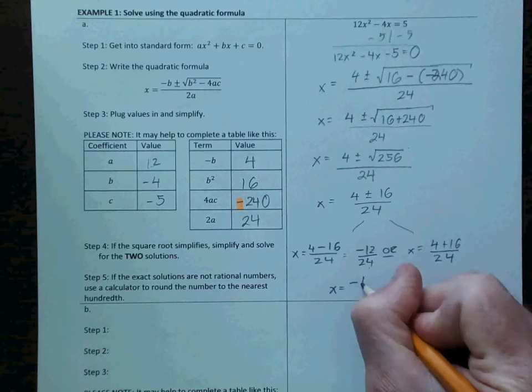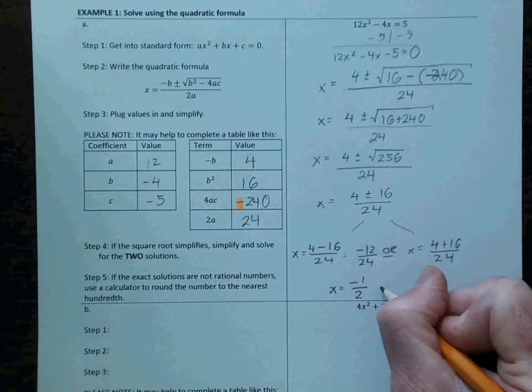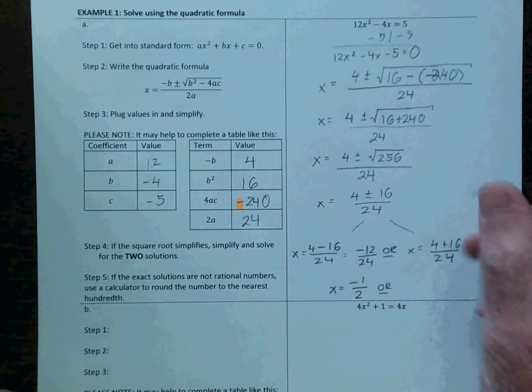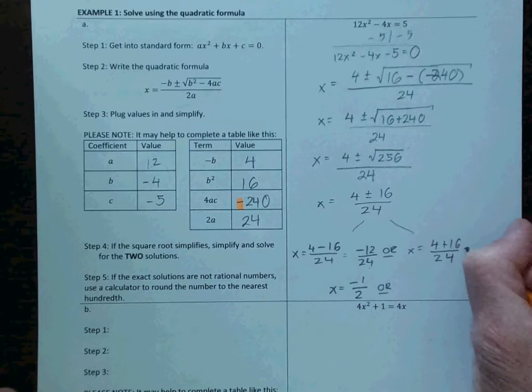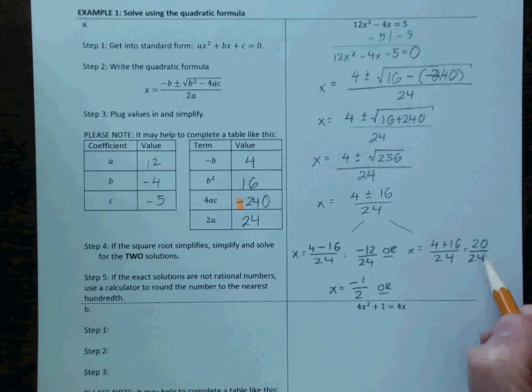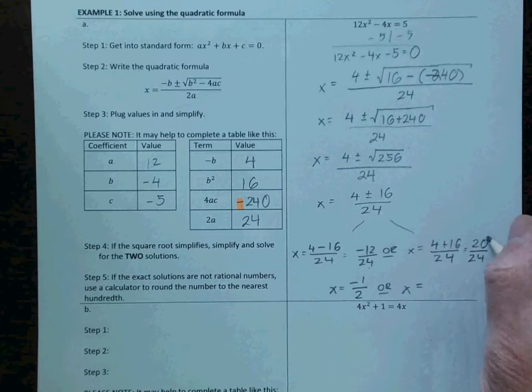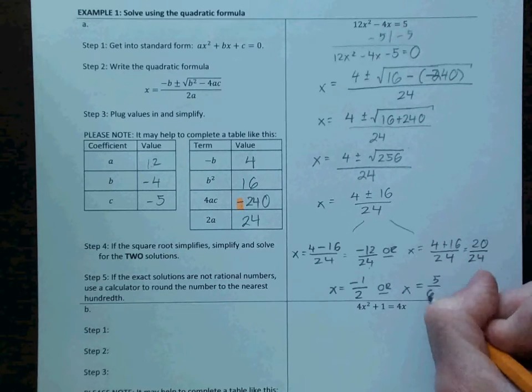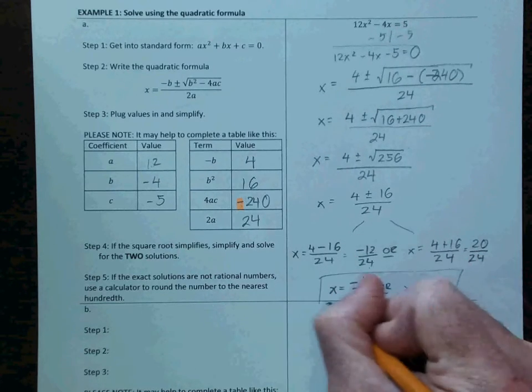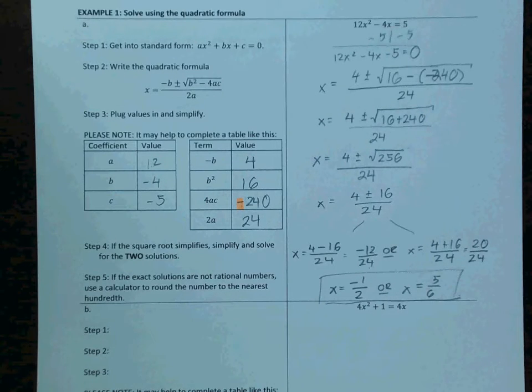So that simplifies to x is equal to negative a half, or 4 plus 16 is 20 over 24. 4 goes into both of those, so or x is equal to 5 over 6. And that is the answer to A.